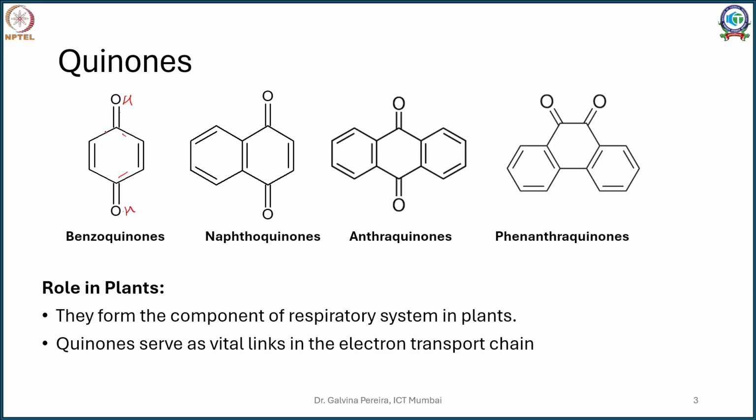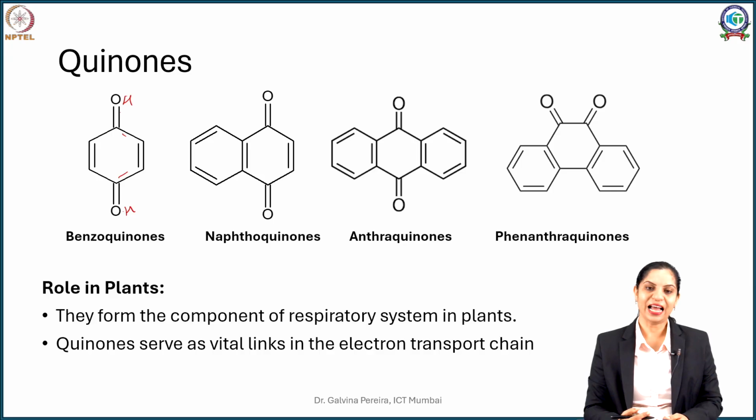That kind of interchange is very quick with quinones, and as a result they form a part of redox systems which are involved in the respiratory chain. In the mitochondria, there is a respiratory chain called the electron transport chain. So quinones are part of the electron transport chain due to their ability to undergo redox reactions.